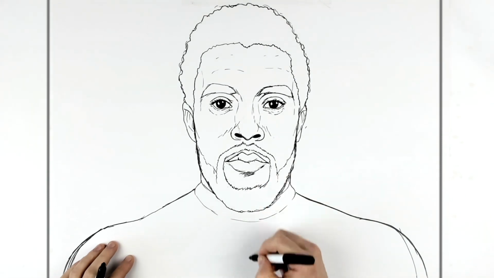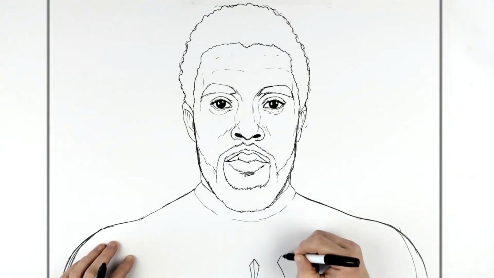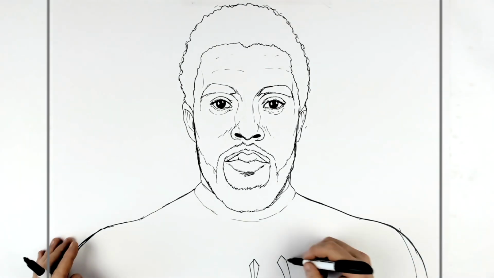So there's one in the middle. Goes down that way, and then they go around in a circle, right? So like this, they're like teeth.